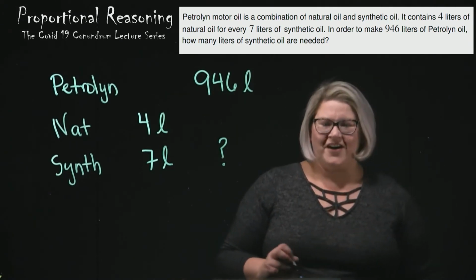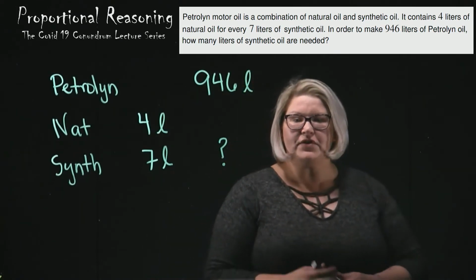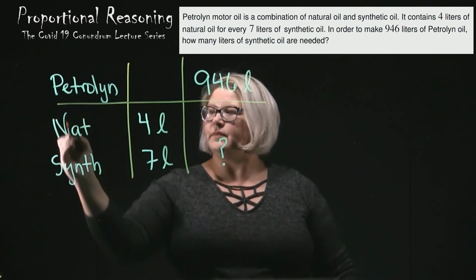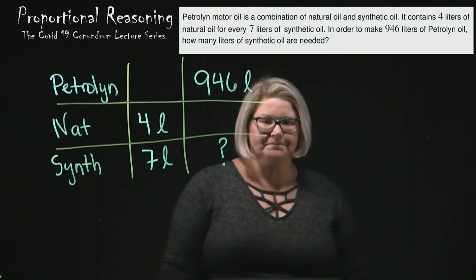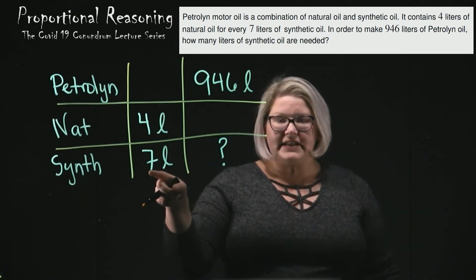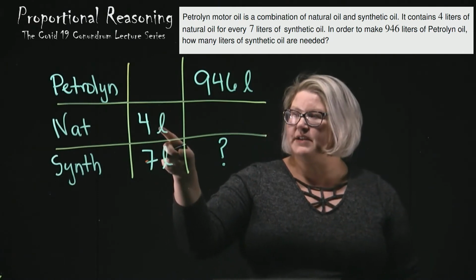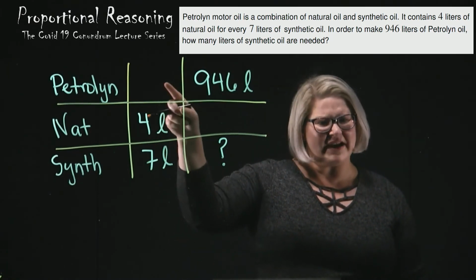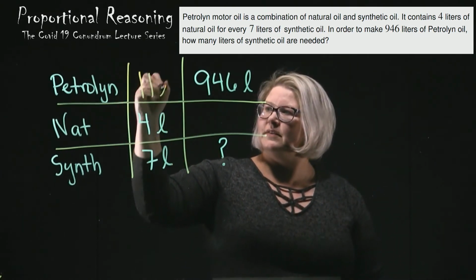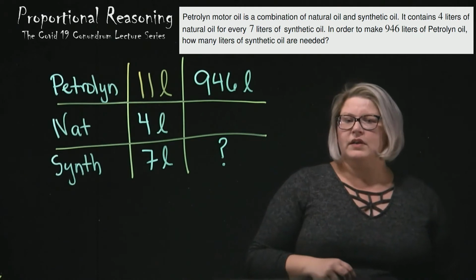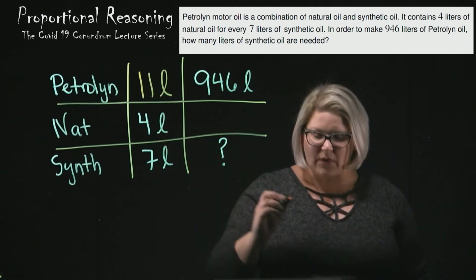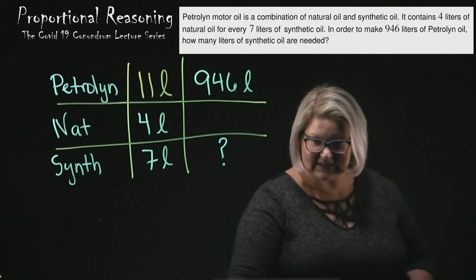Oof. All right. So if you think about this as a table, it's a little bit clearer. So if I've put together 7 liters of synthetic with 4 liters of natural, how many liters of petrolene did I really make? That's right. Now, they didn't say anything about the natural, so I'm actually not going to use this.